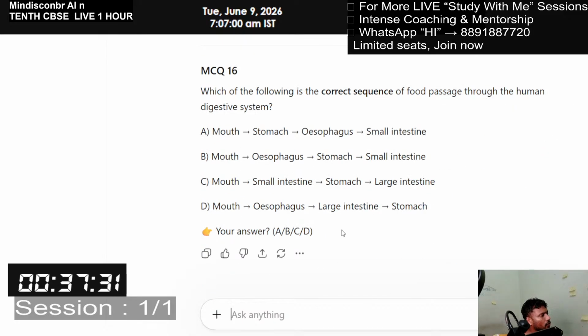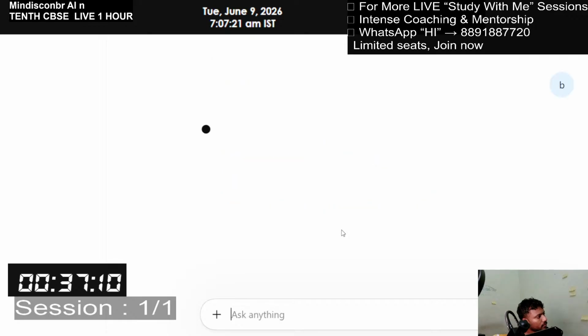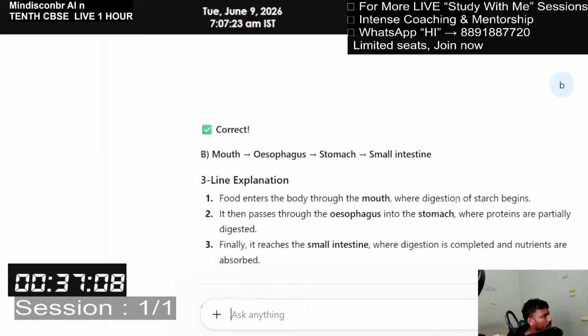Which of the following is the correct sequence of food passage through the human digestive system? Mouth, esophagus, stomach, small intestine.